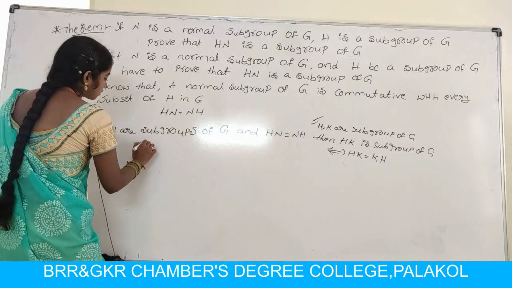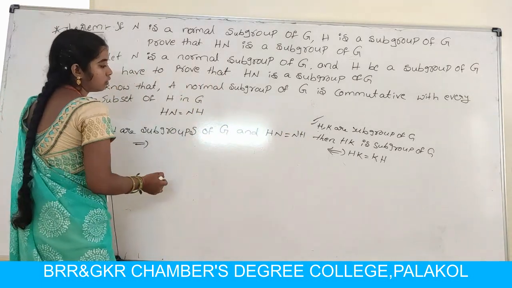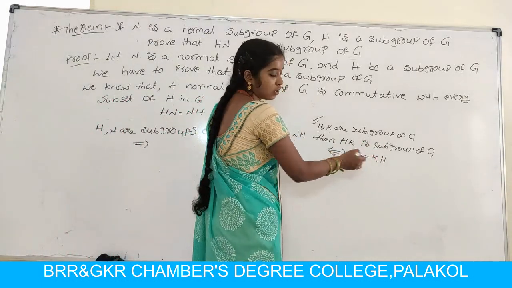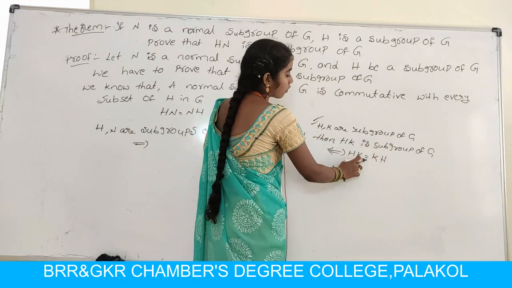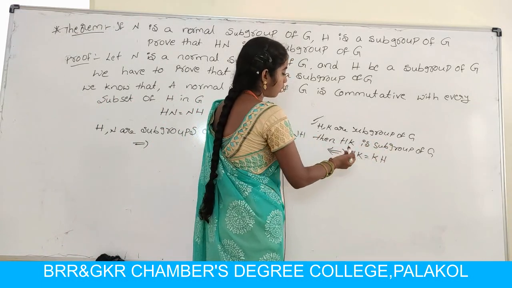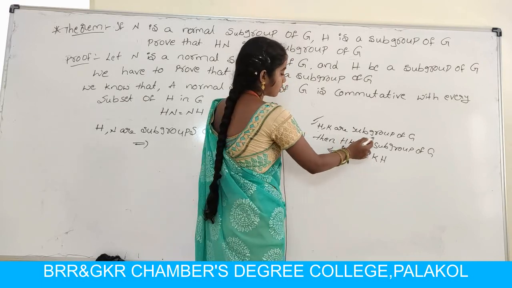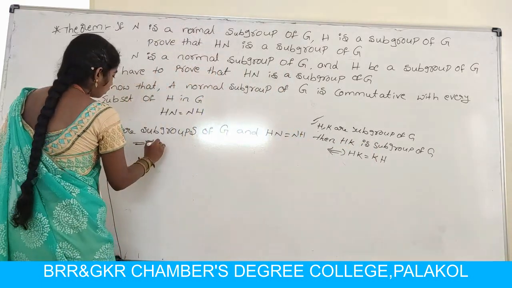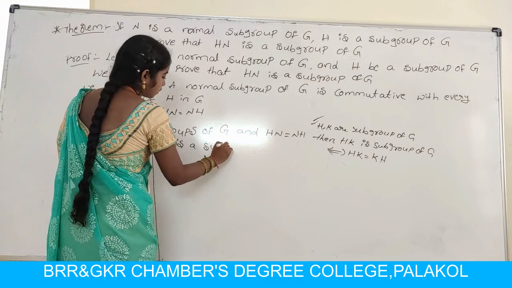So that implies HN equals NH. So HK equals KH, HK is a subgroup of Z. So if and only if means: let HK be a subgroup of Z, then HK equals KH. Second part, conversely, HK equals KH, then HK is a subgroup of Z. So HN equals NH, so HN is a subgroup of Z.